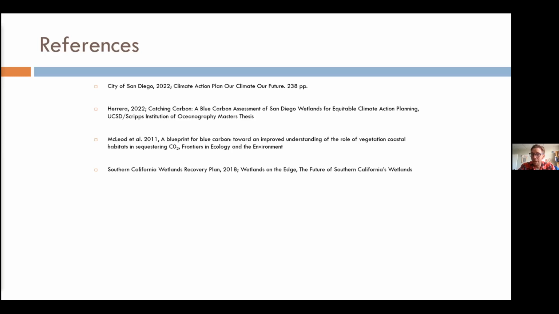One of the great examples of a state level project is just north of us in Oregon. They have put blue carbon into their natural and working lands policy.